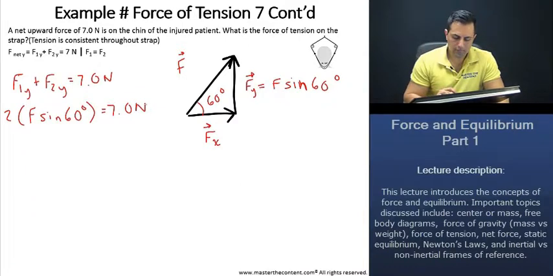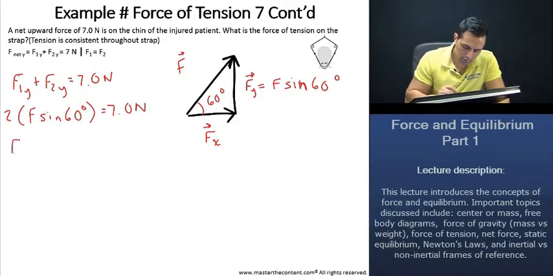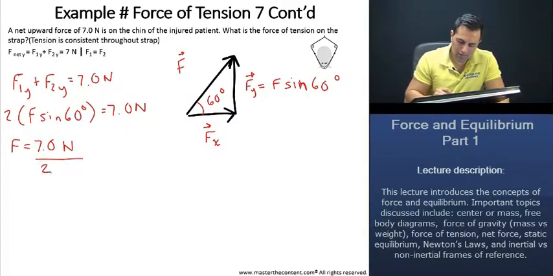Now, if we isolate for force, that's going to give us the force of tension on the strap. So if we isolate for force, that's going to give us 7 newtons over 2 sine 60.